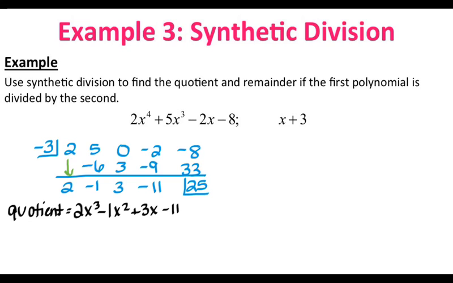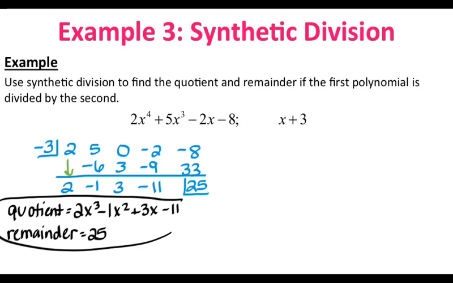I got these numbers right here to create my quotient, just putting the variables in the right spot. And then your remainder is the number that's in the remainder box, which is 25. So synthetic division goes by a lot faster than long division. But again, synthetic division doesn't work with everything.